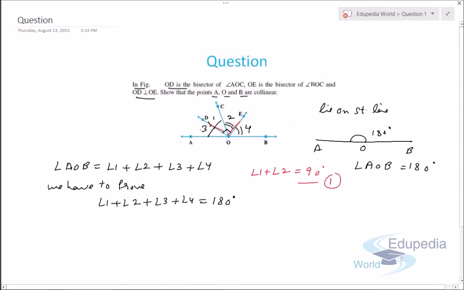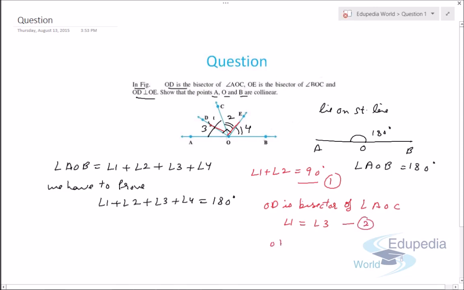Now it's given that OD is the bisector of angle AOC, which means angle 1 equals angle 3. Why? Because OD is a bisector of angle AOC. Let it be the second equation.